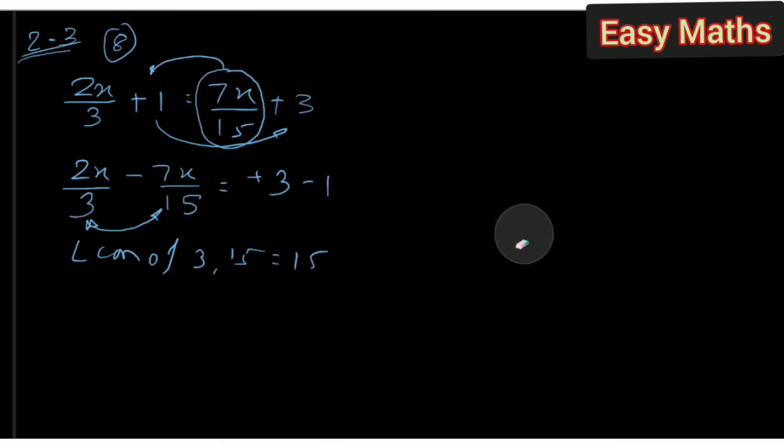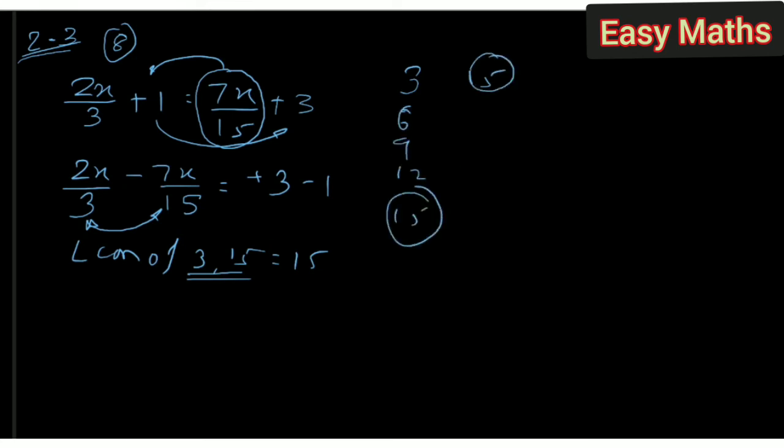You can use this same method for all the examples of LCM. So in 3 and 15 also you can use the same method which I just told. Just write the table for some numbers, and you will see which number is coming in both the tables first. It is 15, so the LCM is 15. So you can find the LCM by this method also.